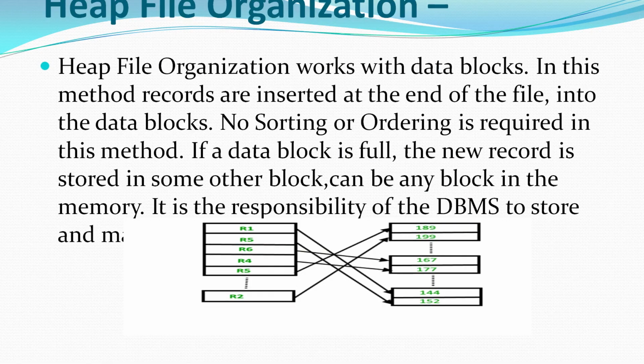The next concept is heap file organization, where there are different memory blocks in which data is stored. Wherever the database management system finds a free memory block, it allocates the new record there.